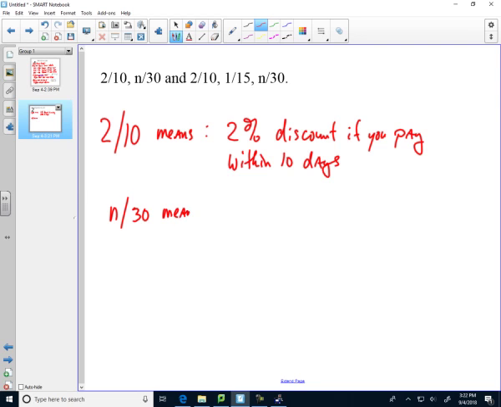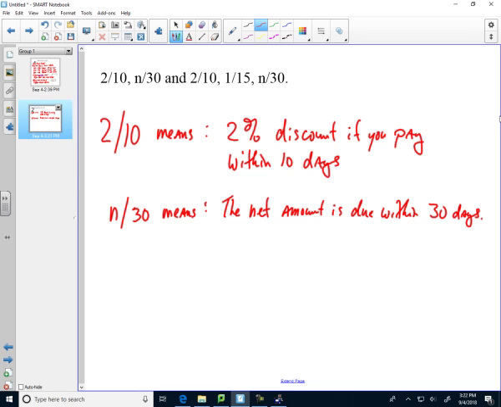N/30 means the net amount is due within 30 days. So we would say 2/10 net 30.